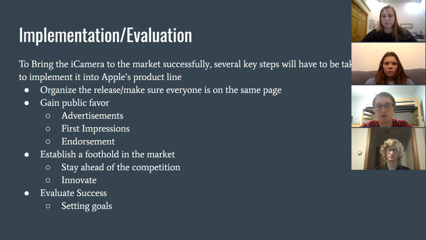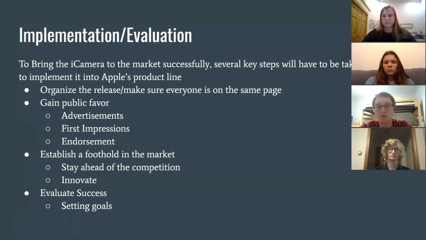The iCamera is going to demand drastic innovation to keep customers interested, or else Apple will lose their share in the market, since iCamera is substantially different from the rest of Apple's products. Without adding installments to the product line that truly innovate the digital camera market, Apple would lose any dominance it had in the market. Imitators will be able to perfectly replicate the iCamera in different ways and sell it for cheaper prices, and the market would be too easy to enter.